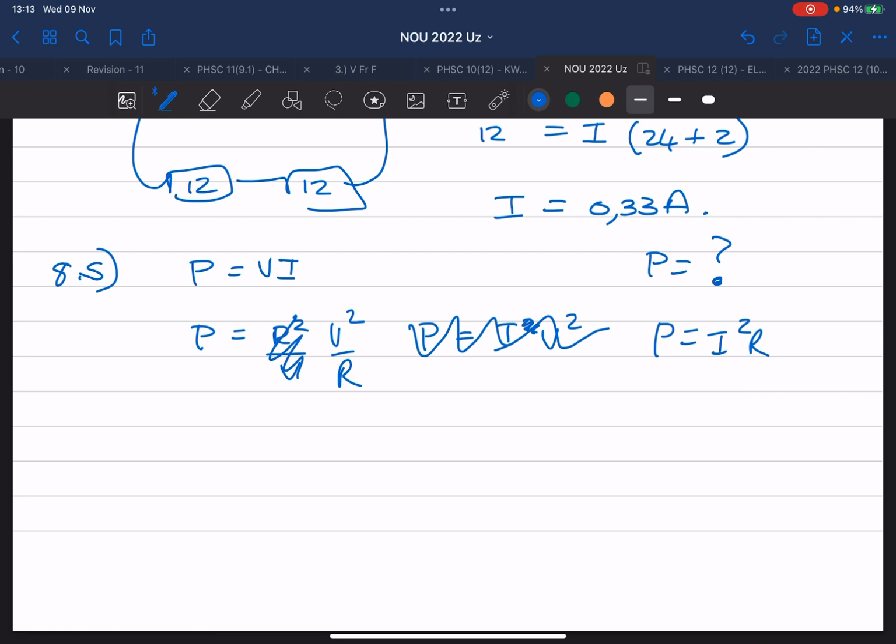Alright, so they ask, how will the power compare in the two circuits? Now, and they ask specifically for a resistor, vir 'n weerstand, okay? So that is why we prefer to look at the second equations, because they ask for a resistor. Nou moet ons kyk na of die stroom of die volts.